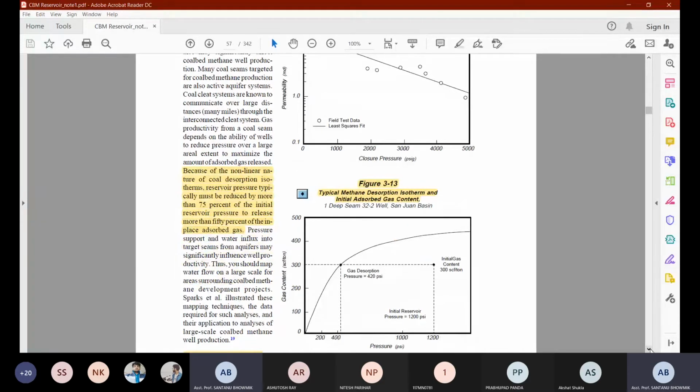But as I have mentioned, the researchers are telling that it is never possible that the reservoir is totally saturated.